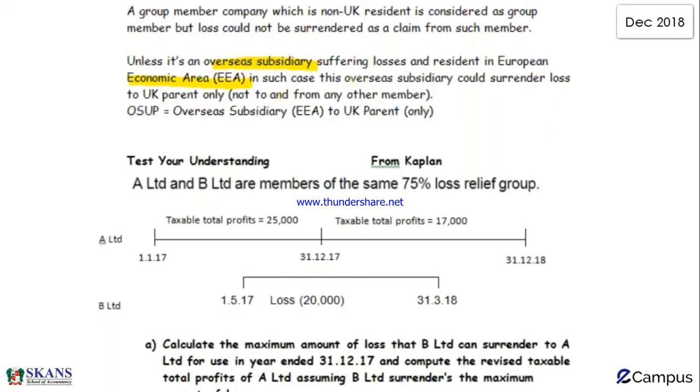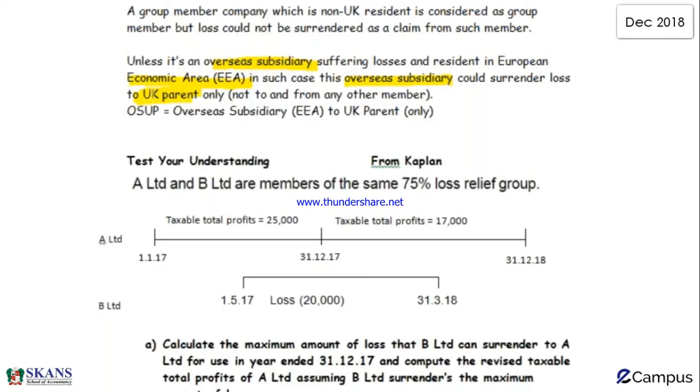That is, if there were losses in an overseas subsidiary residing in the European Economic Area, we can surrender these losses to its UK parent only. Make sure none of the other options would be available. It cannot surrender its loss to other group members in the UK other than its parent. So none of the other possibilities are allowed. Only one-way surrendering is allowed.